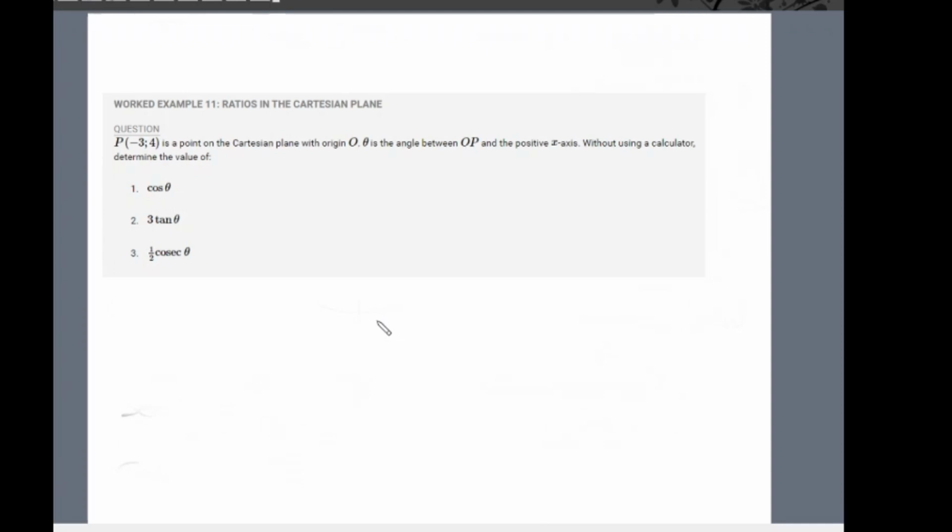As a guide, draw a sketch of point P on a Cartesian plane and find its coordinates, then connect that point to the origin, and draw a dotted line from that point to the x-axis, and then you will have a right angled triangle.